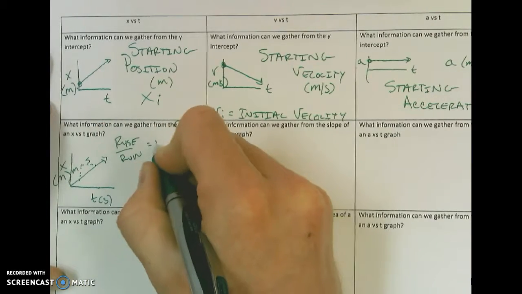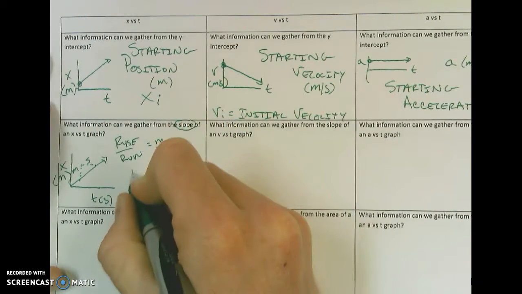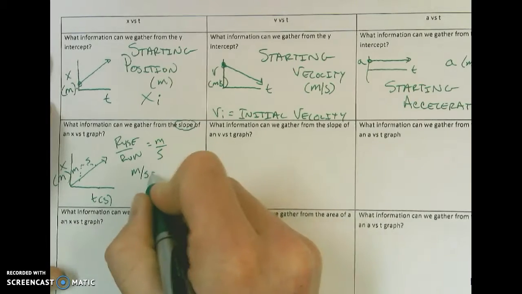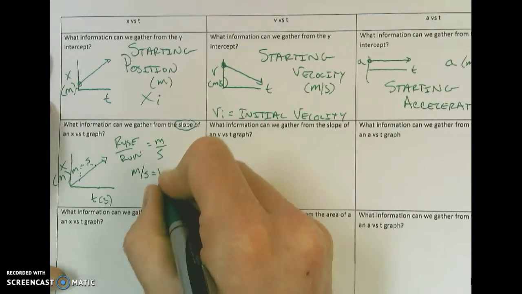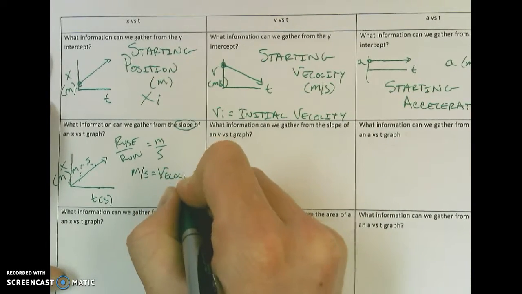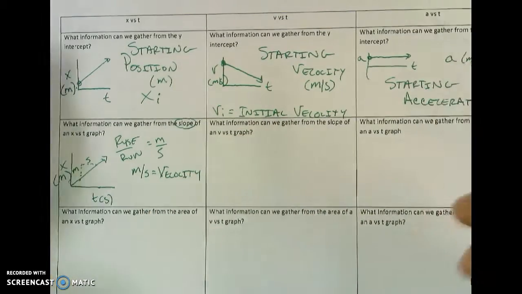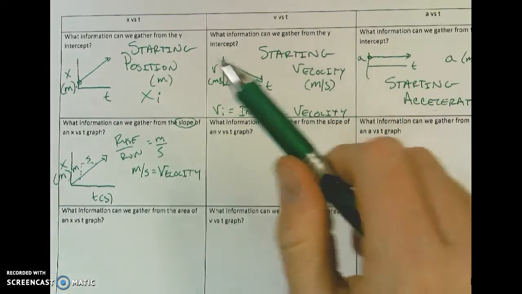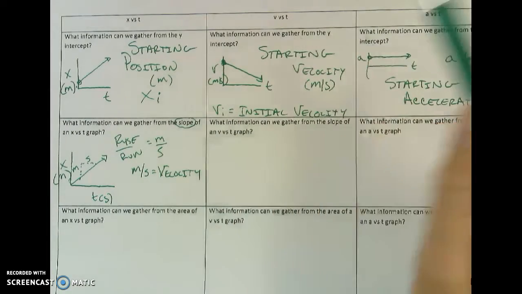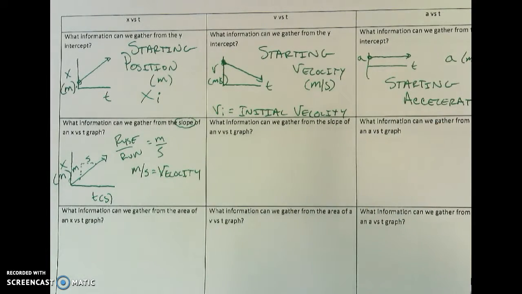So meters over seconds, or meters per second, which is velocity. Okay, so if I look at the slope of any position versus time graph, that will tell me the velocity of the object that's being described.